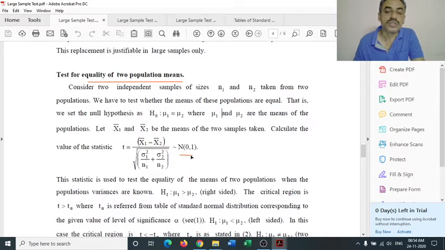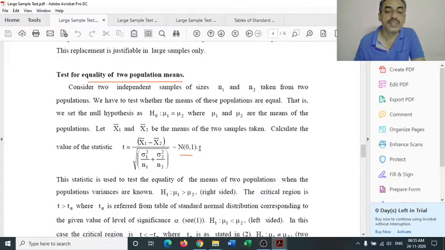Here also we assume that sigma1 square and sigma2 square, the variances of the two populations, are known. So this is the statistic for testing the hypothesis. We note that this statistic also has standard normal distribution.